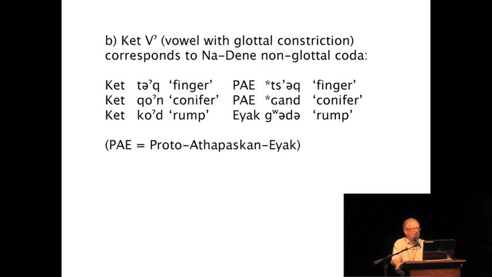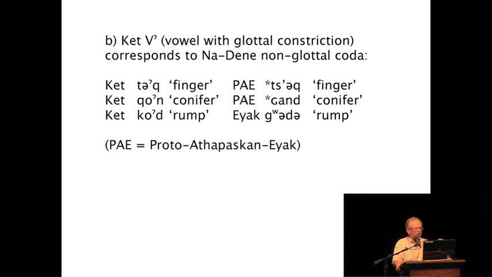By contrast, where Ket has a vowel with a glottal constriction, that generally corresponds to a simple consonant in Na-Dene. So, say the Ket word, I'll take the word for finger, tuk. And in Proto-Athabascan Eyak, the form is tuk, with an ordinary k sound, no glottalization.